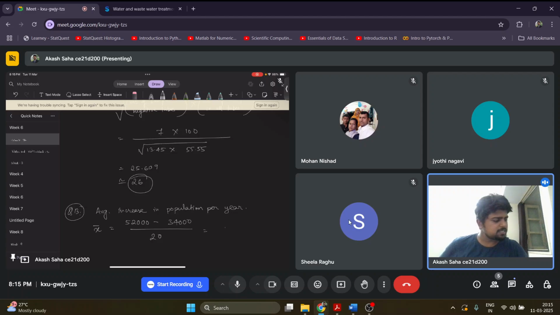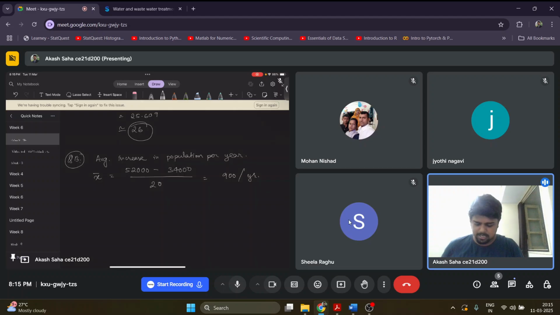So the average increase is 900 per year. And what is the design discharge? The present discharge is 3,700 and it can go up to 5,600. So the remaining design discharge will be 5,600 minus 3,700. So this much discharge can increase.